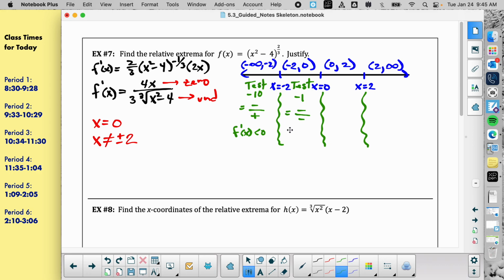So that gives me a positive answer. So my derivative in this section is positive. Testing +1, that would be a positive top, negative bottom. That would give me a negative section.